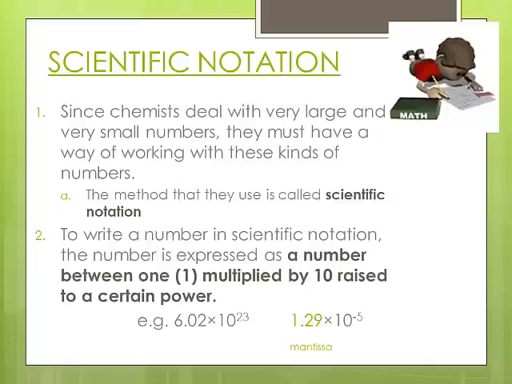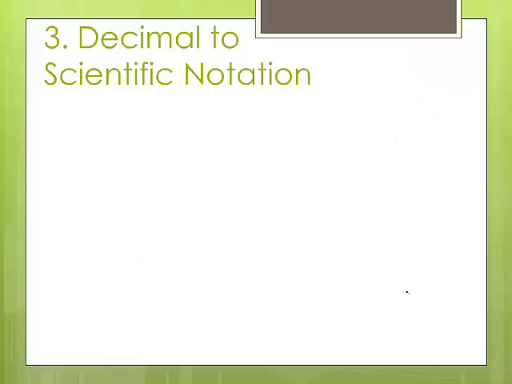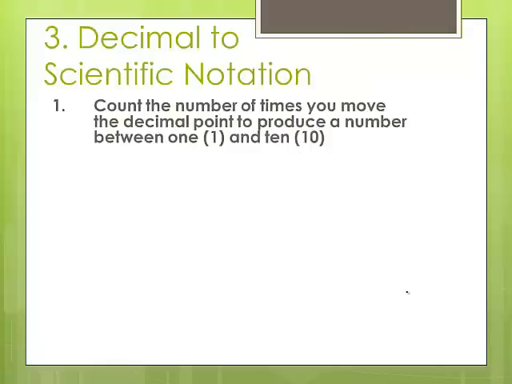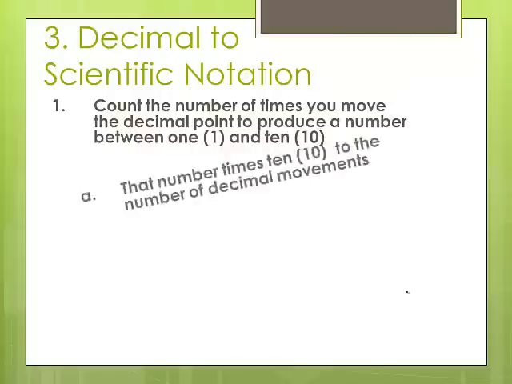To write a number in scientific notation, very simply, all we have to do is write a number expressed as a value between 1 and 10 raised to a certain power. So if we're converting between decimal and scientific notation, what we need to do is count the number of times you move the decimal point to produce a value between 1 and 10.